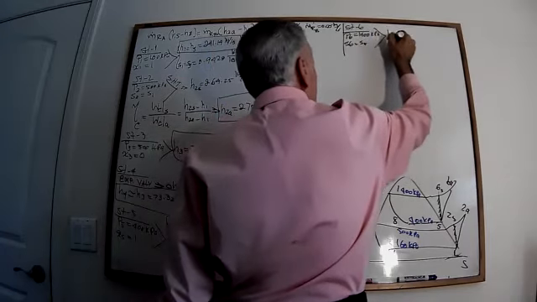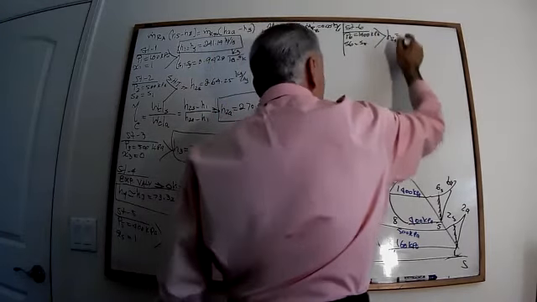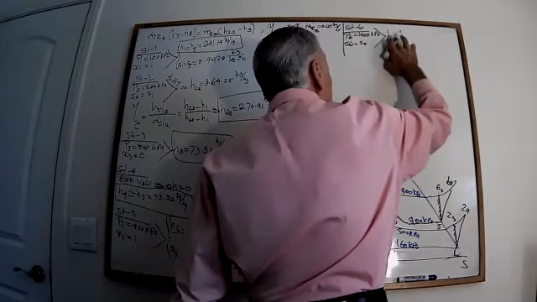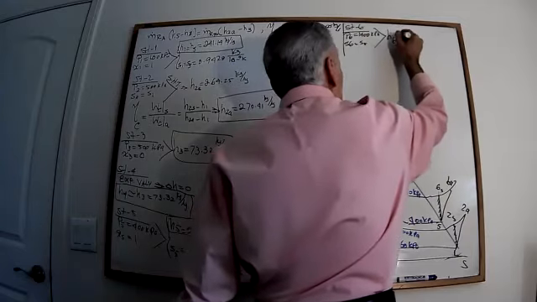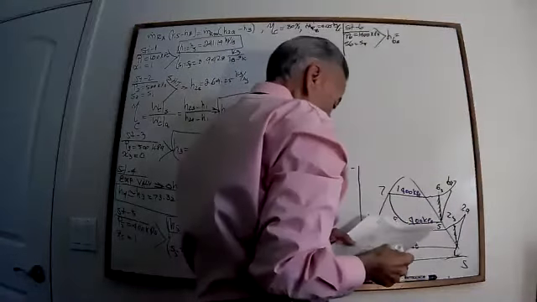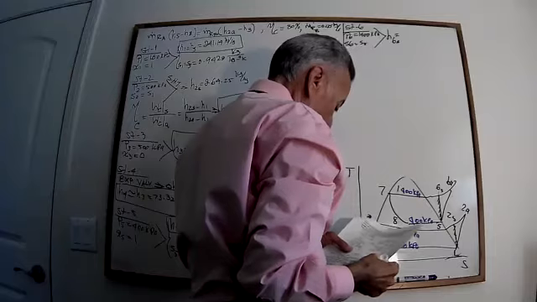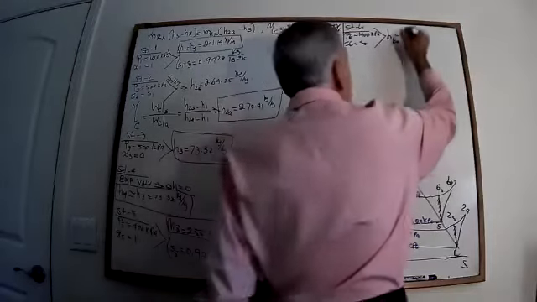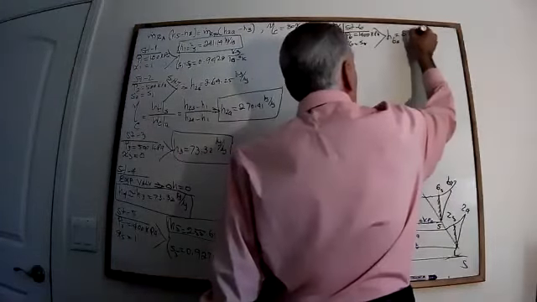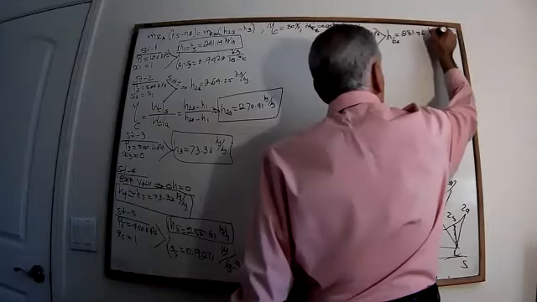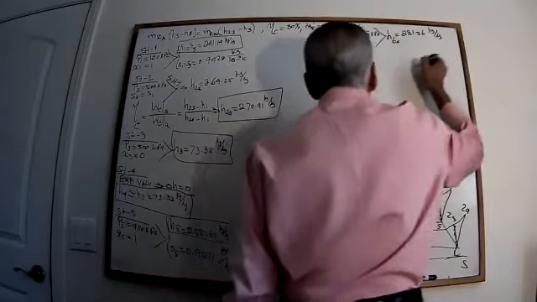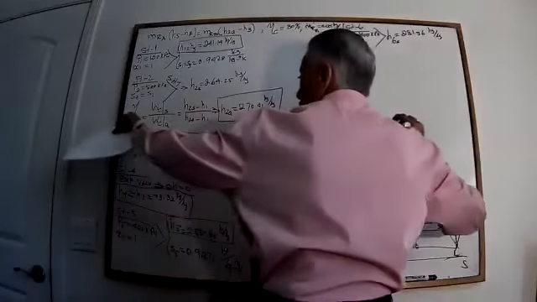So I will find the value of H6S. That value becomes 281.56 kilojoule per kilogram.